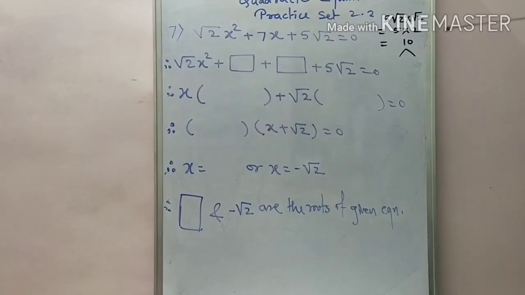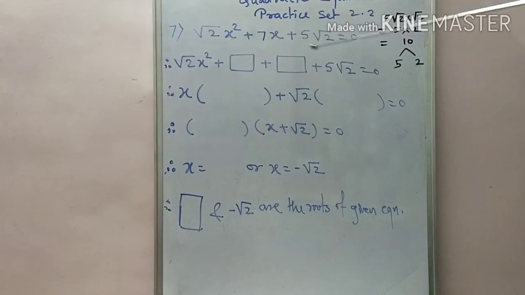So first find the product of 5√2 and √2. 5 as it is, into √2 into √2, which is 2. So 5 twos are 10. The product of these two terms is 10, so we have to find the factors of 10 such that the addition gives the middle term 7. The factors of 10 are, yes, 5 and 2. 5 twos are 10, and the addition is 7.